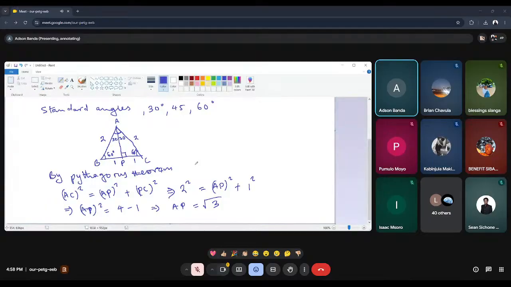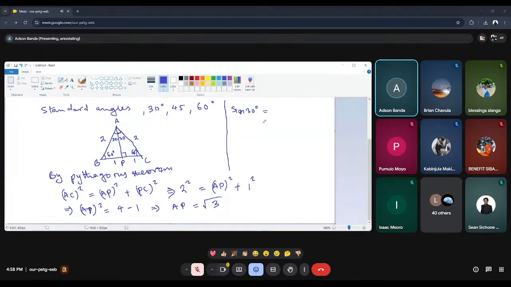Right, so this is what we get when we consider this particular triangle. So now, we want to get the standard ratios. That's what I said. So let me write the standard ratios on this part of the board so that I can still use the diagram. So we have sine 30 degrees.